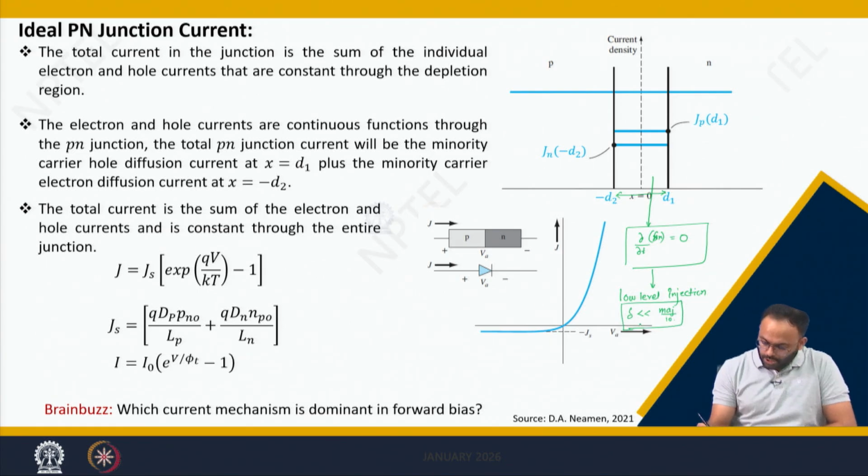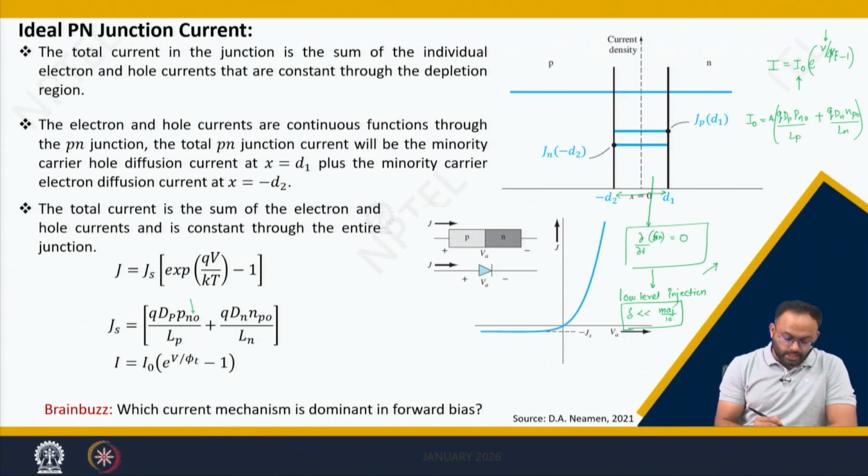We are not going too deep into detail, but by solving all such equations, you will end up with the diode current equation I equals I naught e to the power of V by Vt minus 1, where V is the applied voltage, Vt or phi t is the thermal voltage, and I naught is the reverse saturation current, which is I naught equals Q into Dp into Pn0 divided by Lp plus Q into Dn into Np0 divided by Ln, into A.